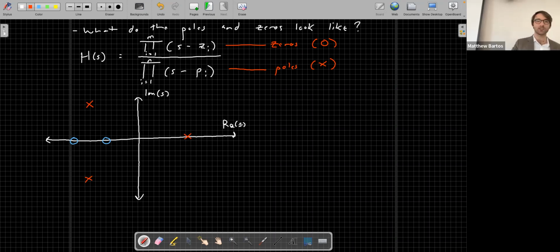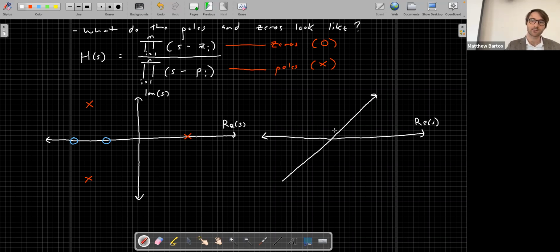So what does this look like in terms of the actual transfer function? Let's draw it out in 3D. And I'm not the best at drawing in 3D here, but we're just going to make it work. Okay, so this here is our real axis. We have the imaginary axis kind of coming out like this. So this is the imaginary component of s.